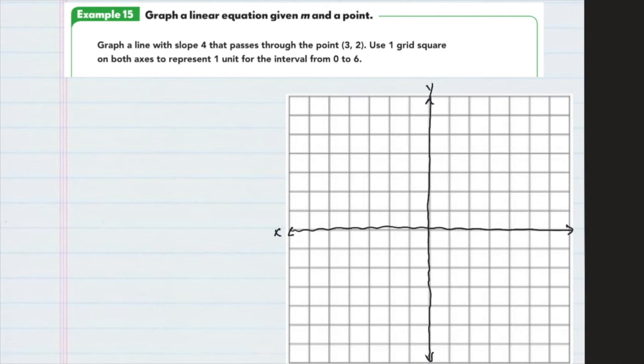It says to go from 0 to 6, so that's 1, 2, 3, 4, 5, 6. 1, 2, 3, 4, 5, 6. And then we want to do our negatives. Make sure that you're putting the number right on the line.